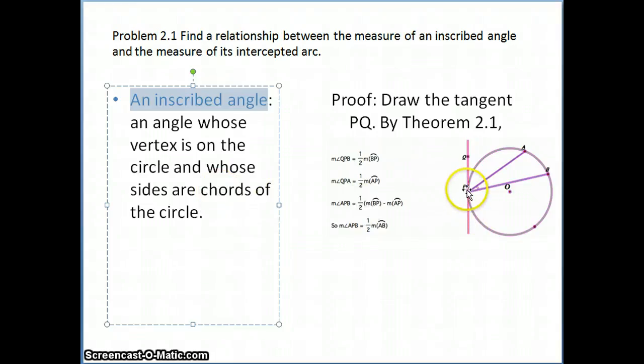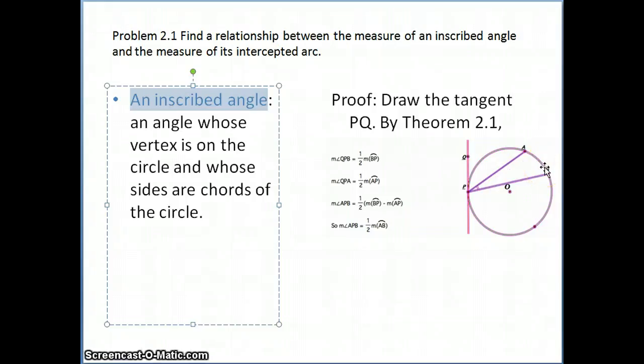So if you look at it here, this angle between chords AP and BP. P is not the center, P is a point on the circle. So this angle is called APB. Here it is called the inscribed angle. And if I connect OA and OB, I get AOB, that's the central angle.